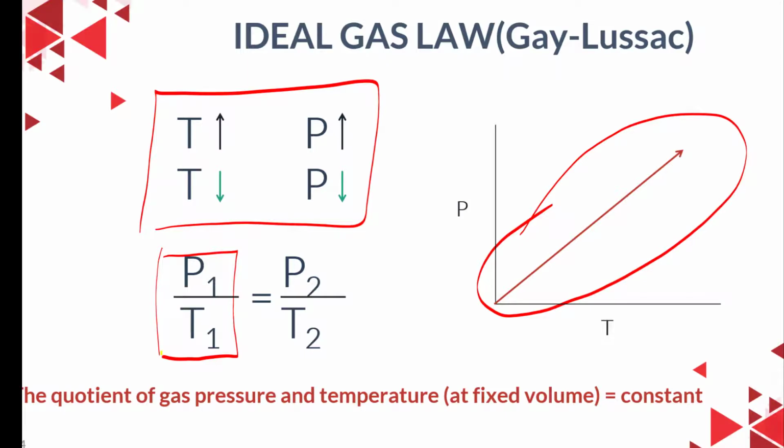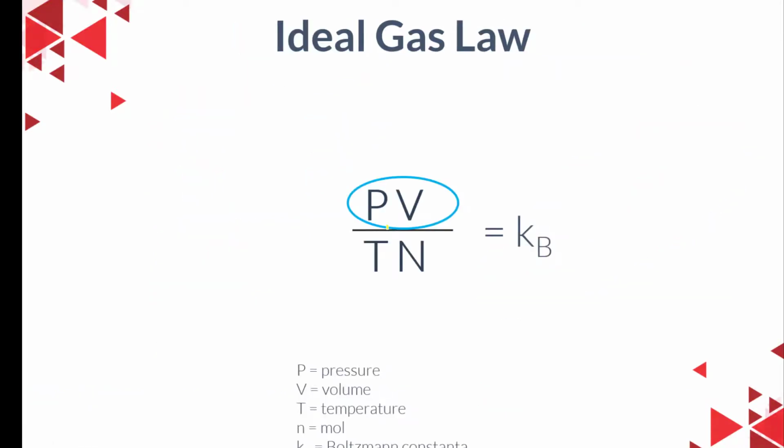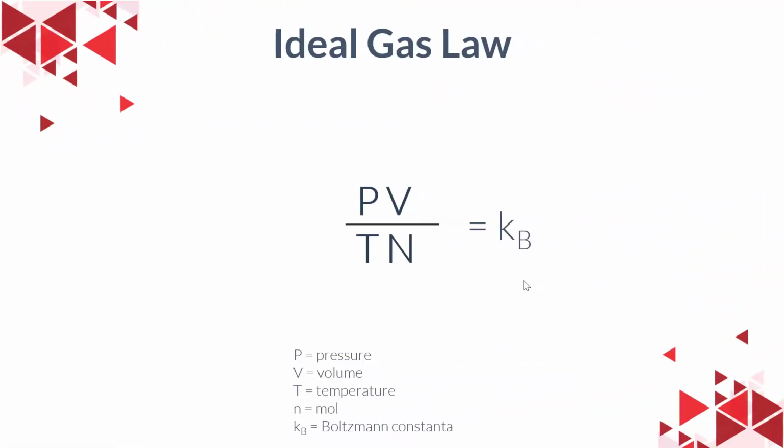We can combine all the ideal gas laws that have been explained into one formula. The product of pressure and volume gives a constant, as stated by Boyle. Here we show that the first gas law comes from Boyle: when volume decreases, the pressure increases.